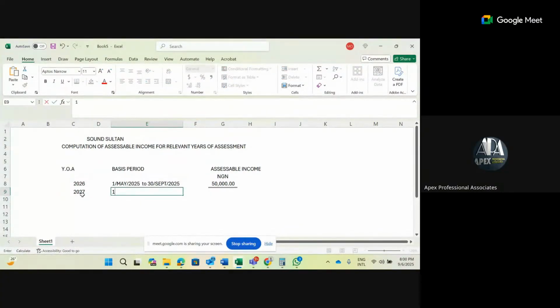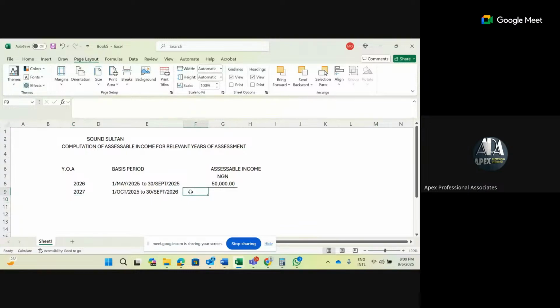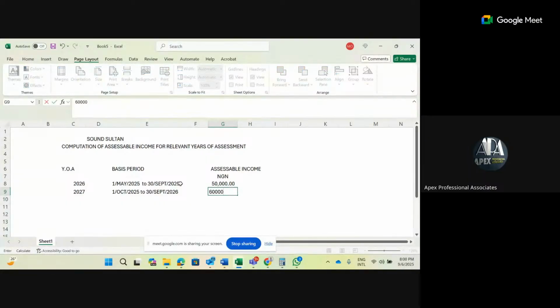What is the date after 30th of September 2025? 1st of October 2025 to 30th of September 2026. What is the accessible income? That one is 60,000 naira.